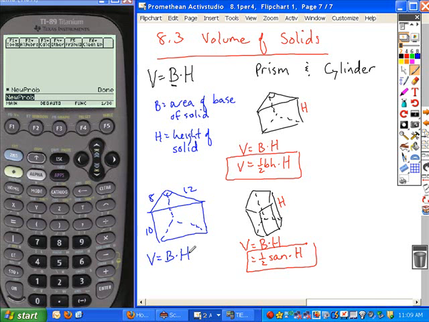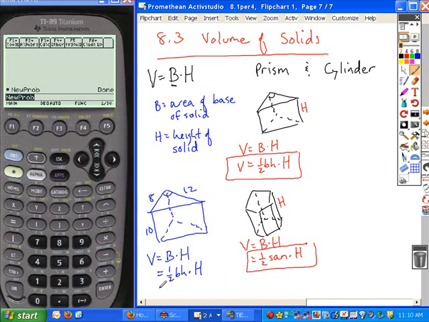It just helps reinforce the steps that you need to follow. And then I'd replace that general formula with the specific formula based on the shape. So here we have a triangle, so it's 1/2 base times height times the height of the solid. Again, this reiterates the reason I use capital H for the height of the solid, so that it doesn't get confused with any lowercase h. Capital B represents the base of the solid, so it doesn't get confused with the lowercase b that would be the dimensions of your base shape itself.